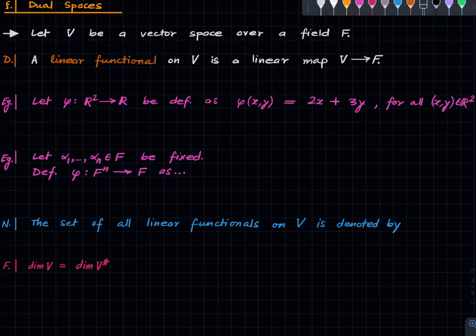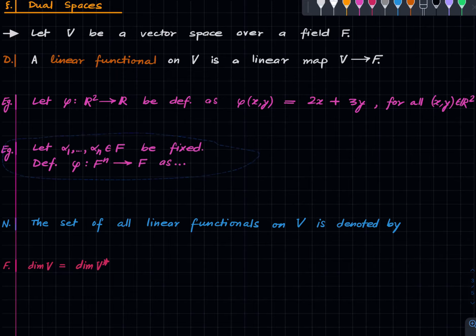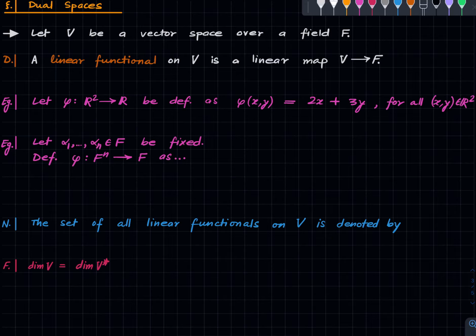All right, but you can generalize this example to complete generality, in fact. In some sense, it is complete generality. So you take this particular vector space, you fix a positive integer n, and we have this vector space F to the n. And then you fix n elements of the base field. N is this number that you've chosen. Then you can define this map from this vector space to F as phi of this particular thing.